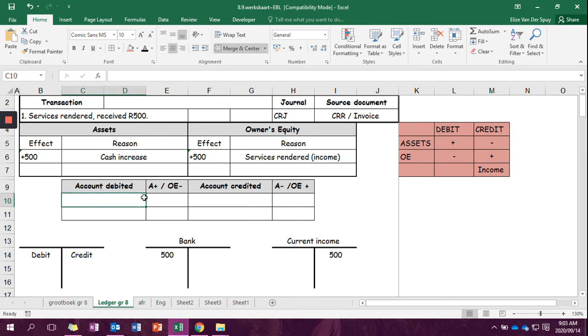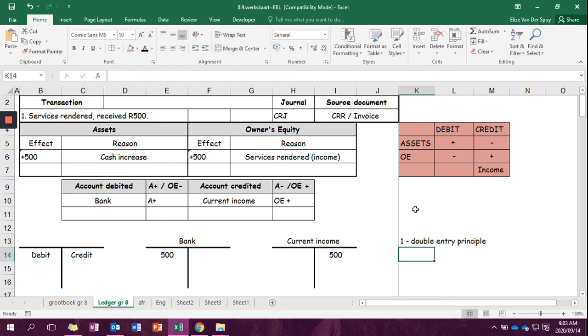So the account debited will be bank, and that is an asset plus. And why did we debit bank? Because we credited current income, because that is why we have received money, and that is owner's equity plus. So there are two reasons why we debit or credit a certain account. The first reason is the double entry principle.